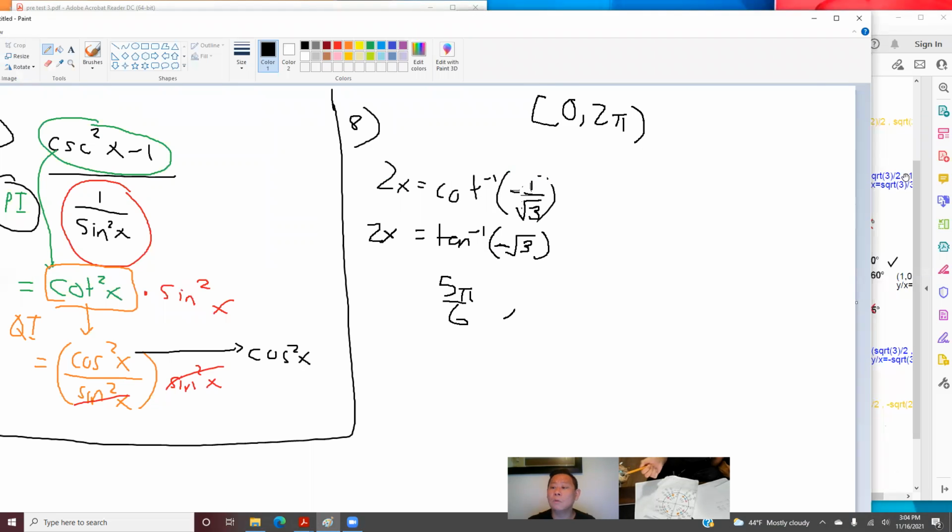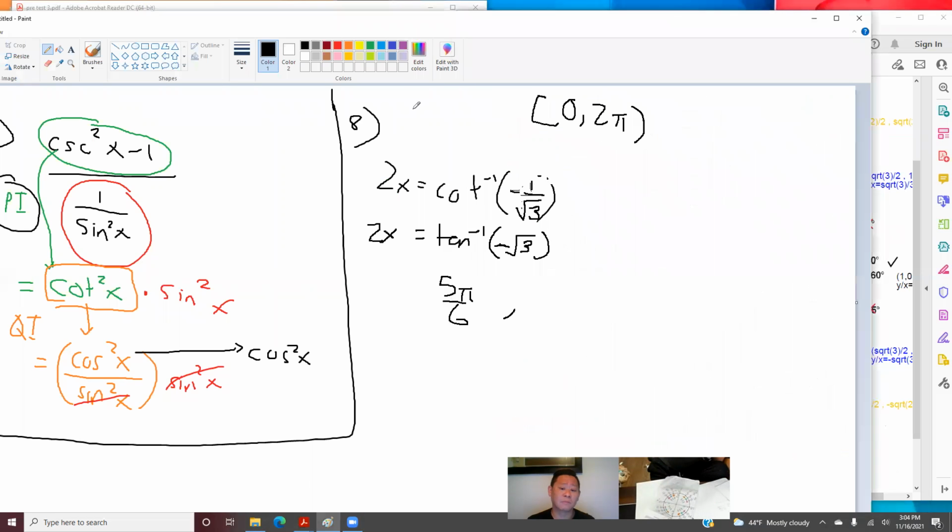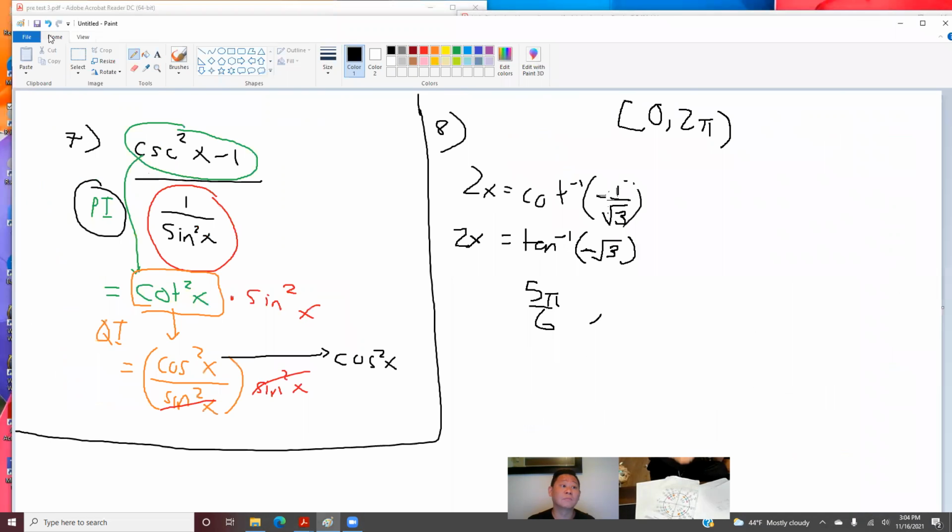No, 5 pi over 6 is not square root of 3, it's square root of 3 over 3. Oh, it'll be 2 pi over 3. Sorry. So what else besides that one? 5 pi over 3. Okay.